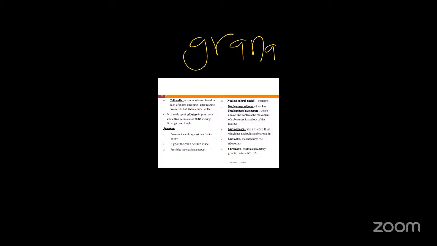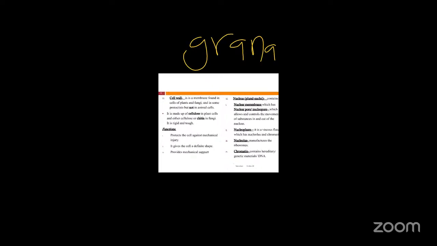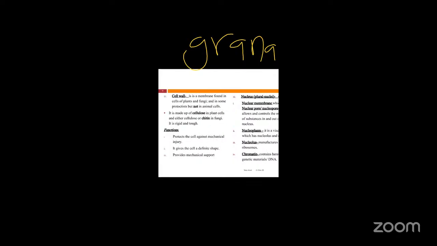So why do we need to have a cell wall being strong? These are the reasons. So functions of a cell wall are reasons why a plant cell has a cell wall. Number one, cell wall protects the cell against mechanical injury. Number two, it gives the cell a definite shape. So no matter what happens, no matter how much water the cell gets, no matter how much water the cell loses, it will remain to have the same shape.